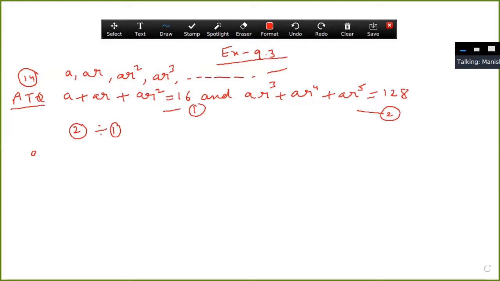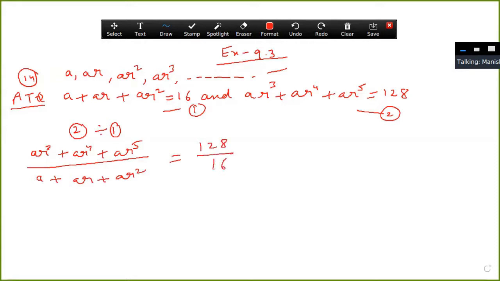Left part and right part write separately: ar cube plus ar to the power 4 plus ar to the power 5 upon a plus ar plus ar square, that is equal to 128 upon 16, that is, I think, 8.